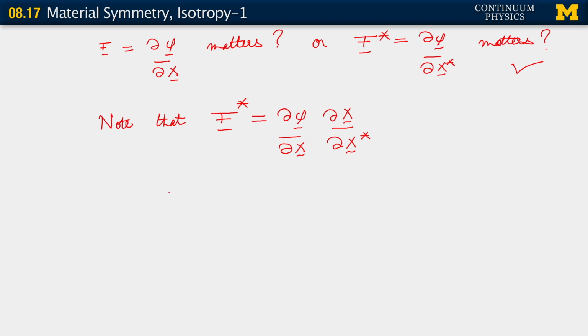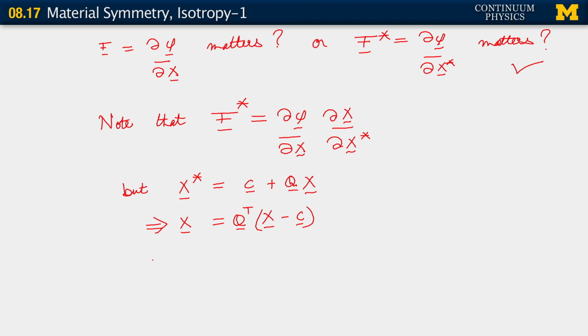But for the rigid motions on the reference configuration, where c and q are functions of time only, we know that x equals x star minus c acted upon by q inverse, but q belongs to SO(3), so that's q transpose.